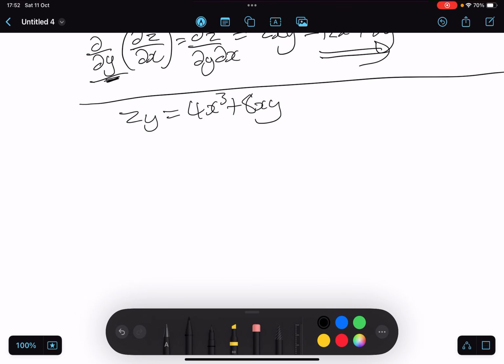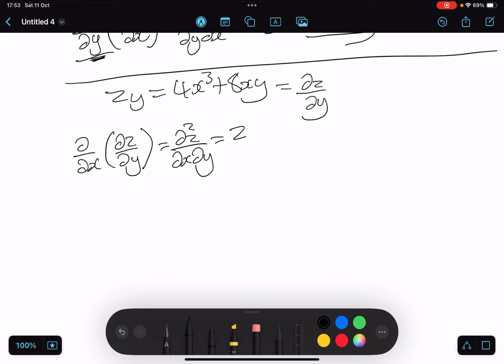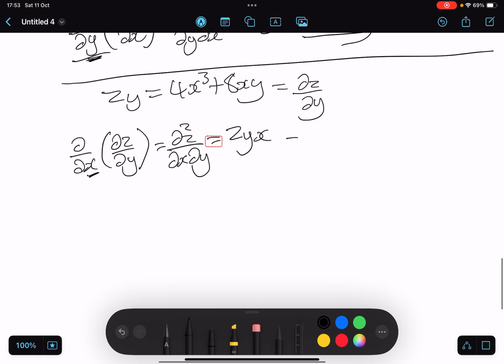So obviously we know that zy is dz/dy. Let me first differentiate it with respect to x. So d/dx of dz/dy is the same thing as d squared z over dx dy. We are differentiating zy with respect to x, so y is going to be a constant.